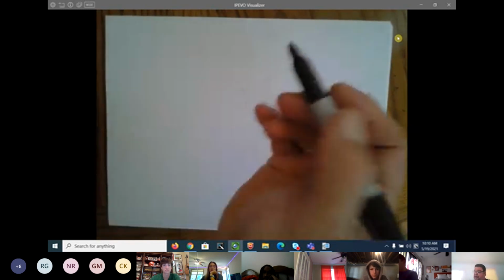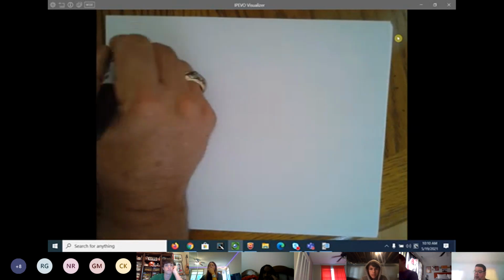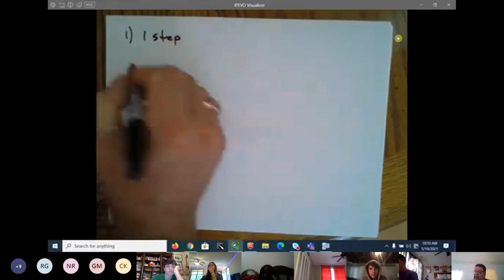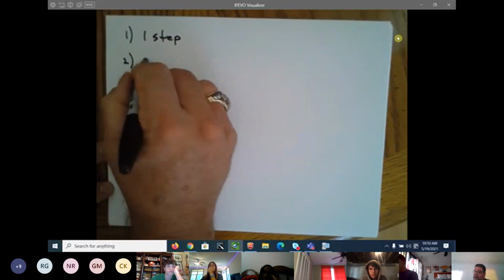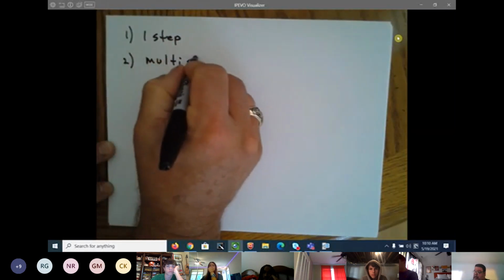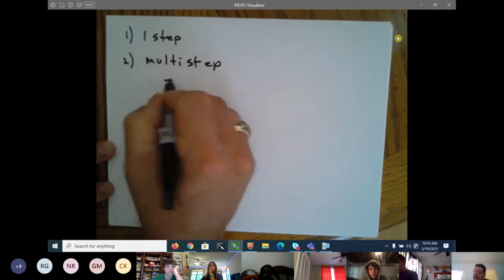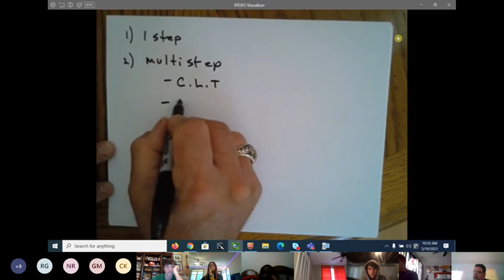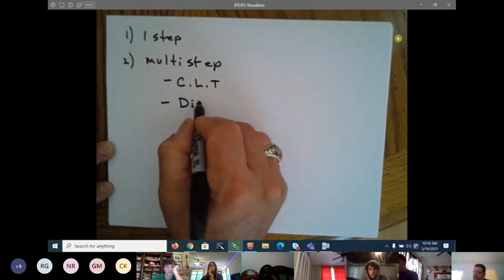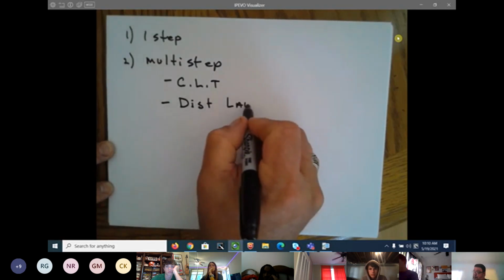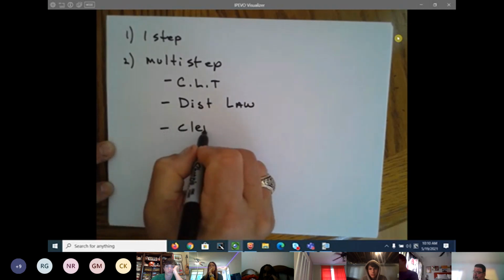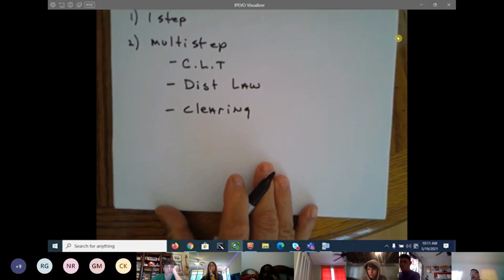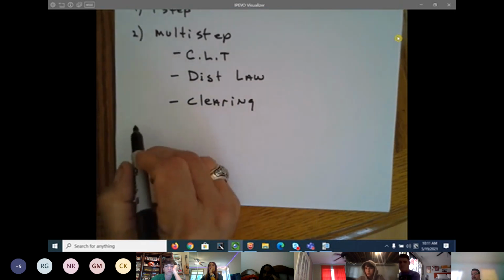So with solving an equation, you've got one-step equations. You've got multi-step equations. And with multi-step equations, you've got combining like terms, distributive law, and clearing. You've also got direct variation and inverse variation.